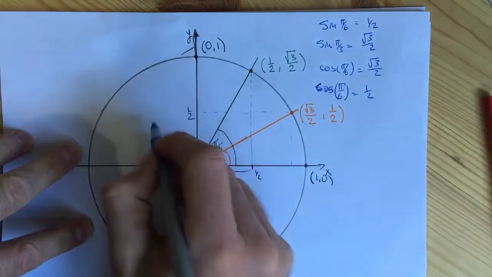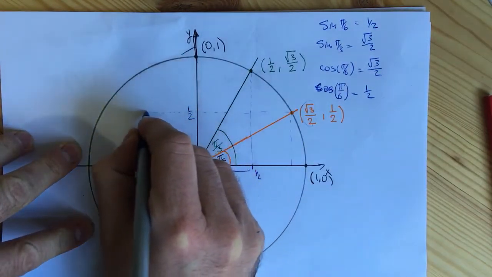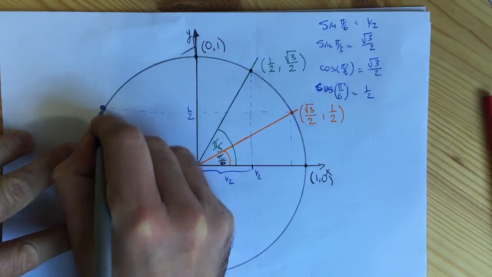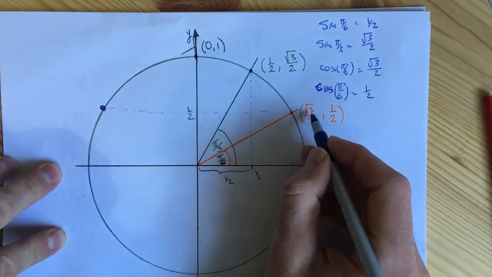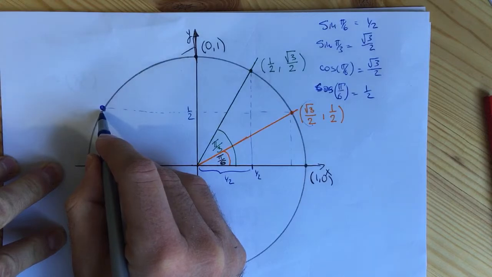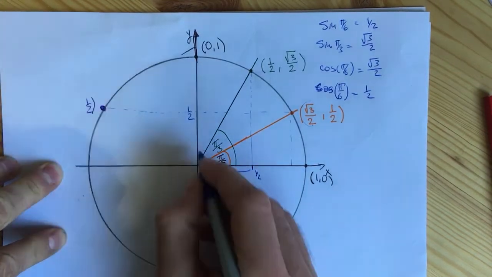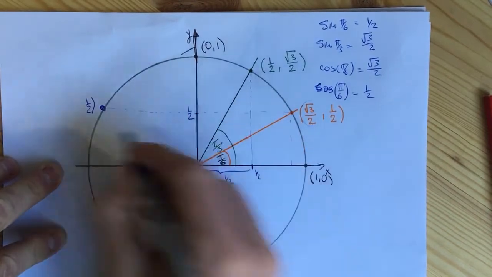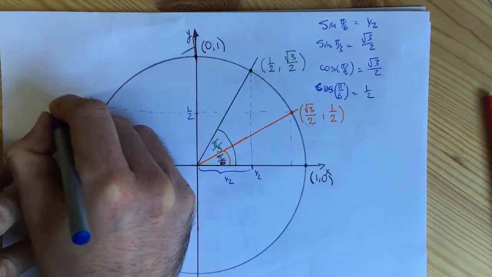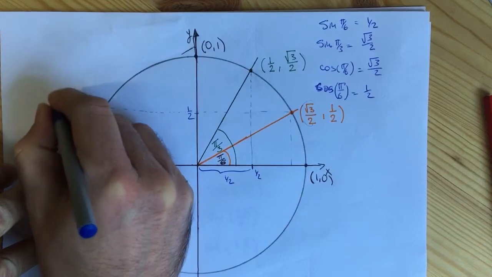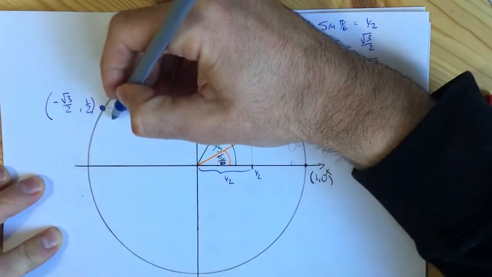For example, if I translate this point right here, by symmetry, what will I have? Well, this point, the y coordinate is going to stay the same, so that's 1/2, right? As you can see, stays the same. The x coordinate, though, is just going to be negative square root of 3 over 2. Okay, then what is this angle?